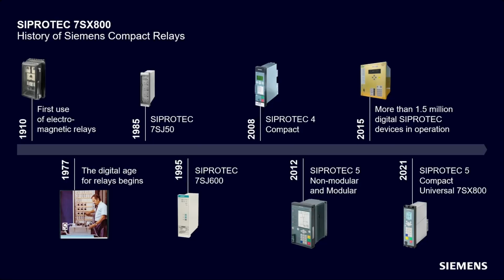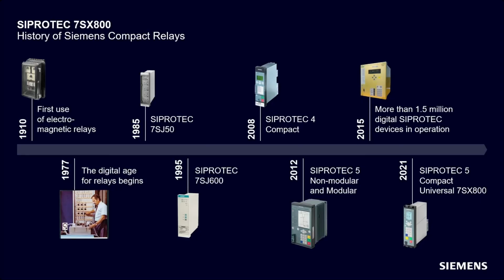The story goes on with SIPROTEC 4 Compact, which was brought to the market in 2008, a successor for our 600 series. It was based on the SIPROTEC 4 philosophy. SIPROTEC 5 started in 2012, a successor for SIPROTEC 4, with a completely new hardware design combined with high flexibility and modularity. In 2015, we could celebrate, as more than 1.5 million digital protection devices had already been sold.